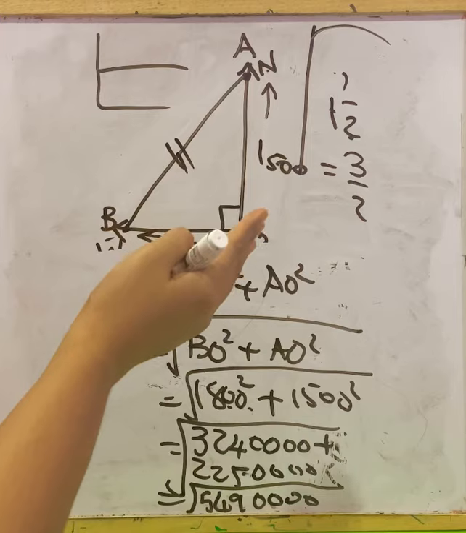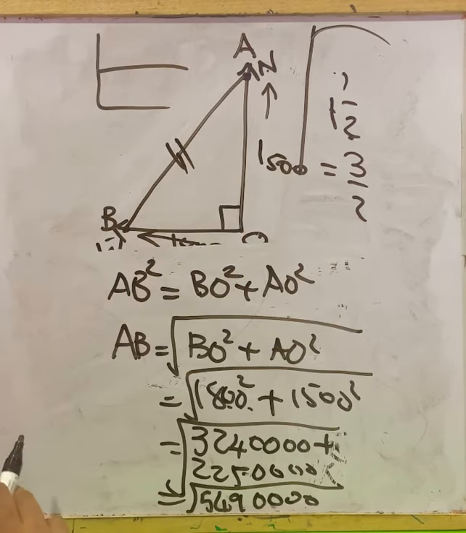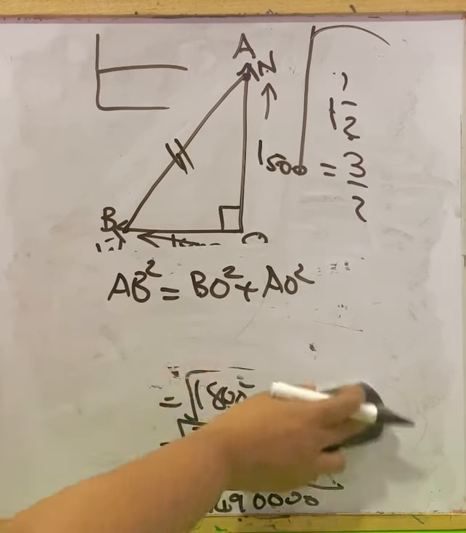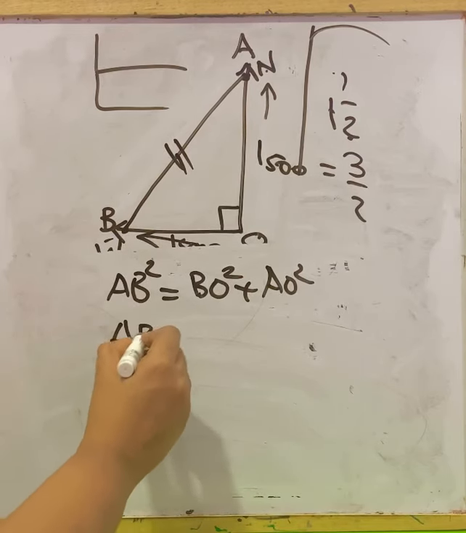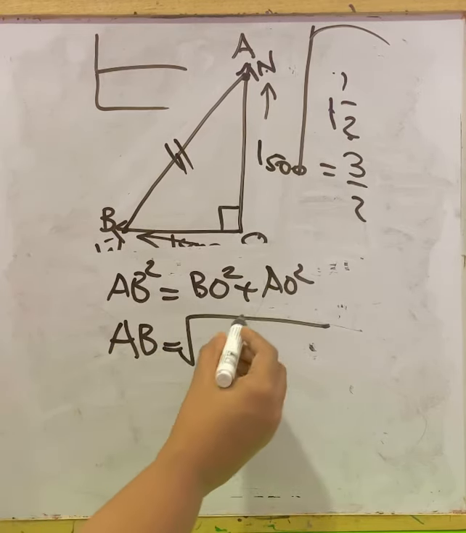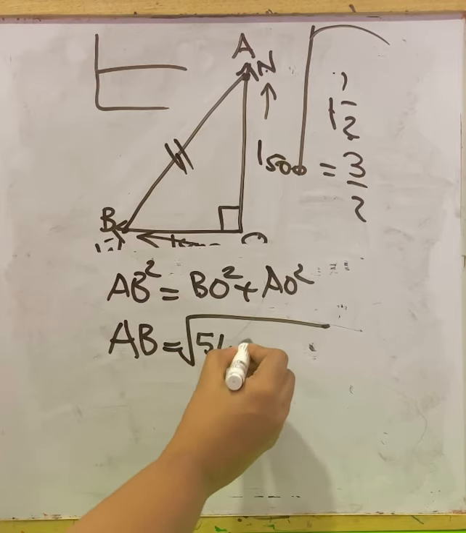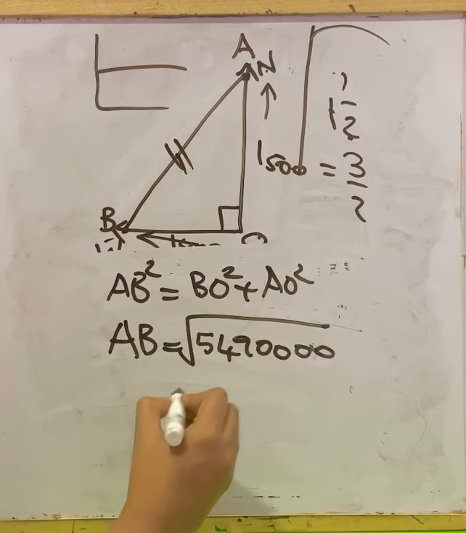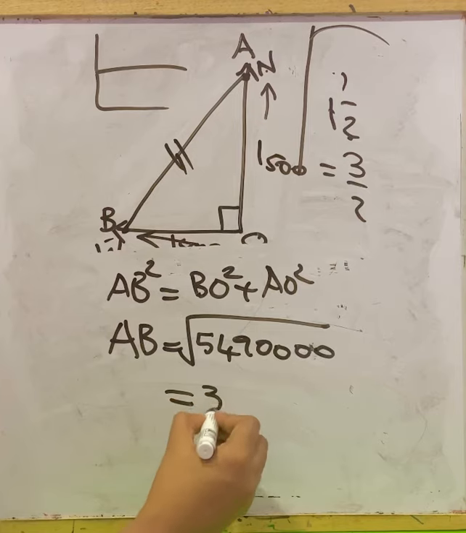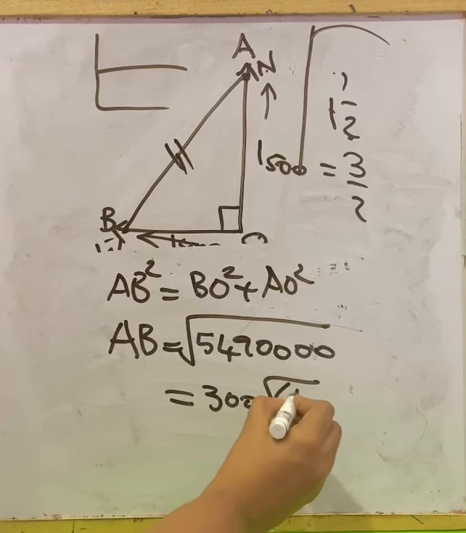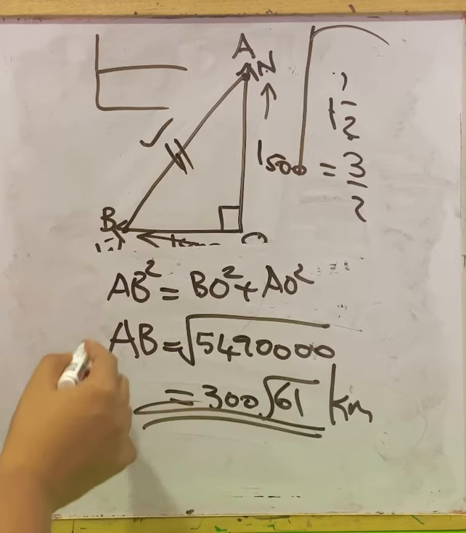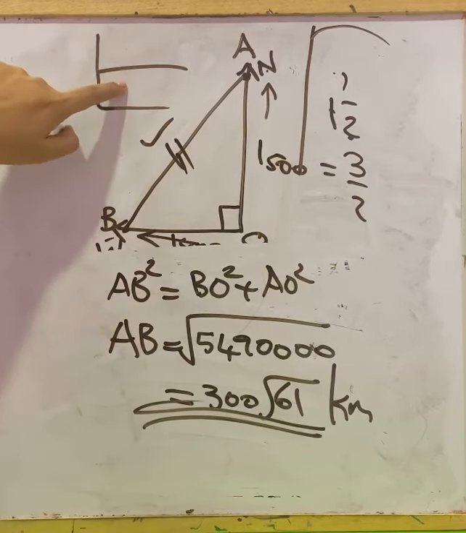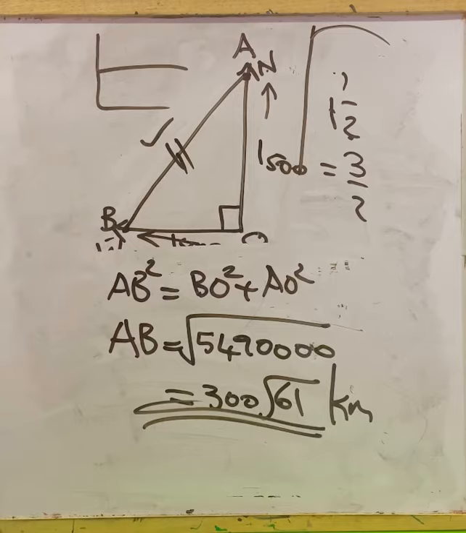Any of the methods you can use. I am writing it directly: the square root of 5490000 is 300 root 61 kilometers. This length. So find the square root using either prime factorization or the division method and you will get this answer.